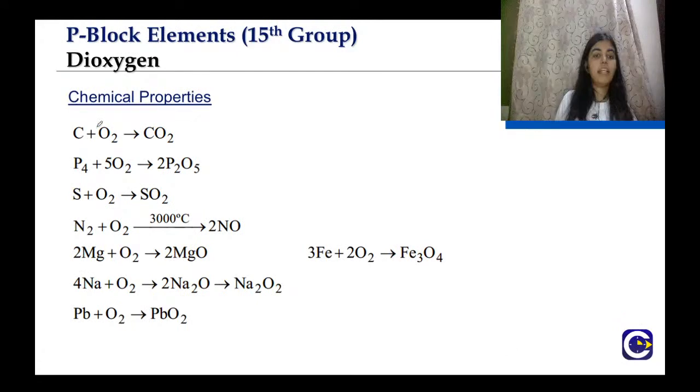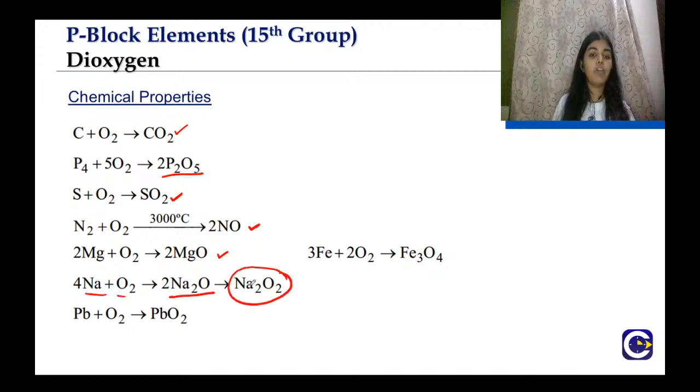So these are direct combinations: C plus O2 giving CO2, P4 plus 5O2 giving P4O10, S plus O2 giving SO2, N2 plus O2 giving 2NO, Mg plus O2 giving MgO, magnesium oxide, Na plus O2 giving Na2O first and then Na2O2, that is sodium peroxide, O2 2 minus.